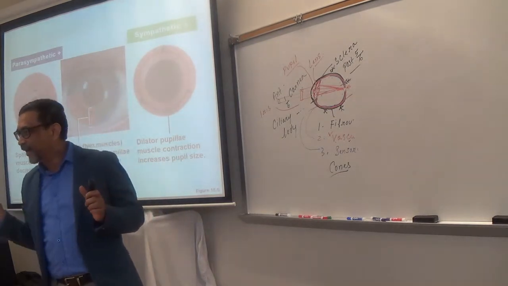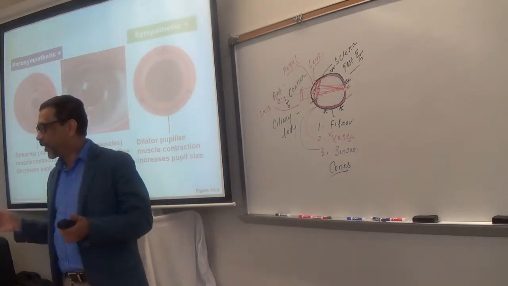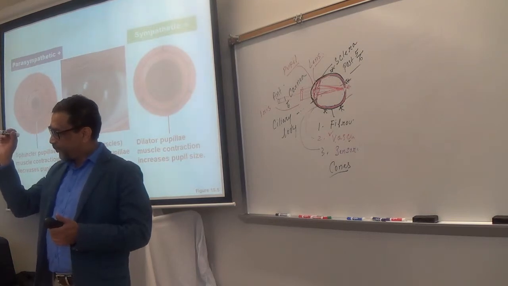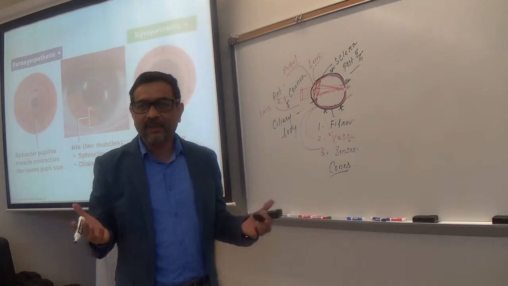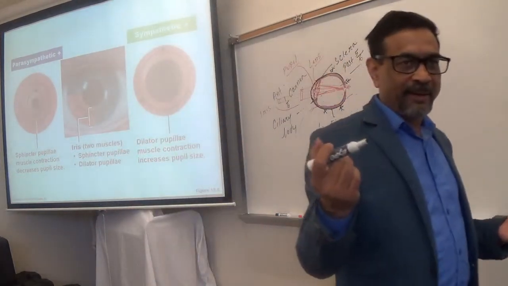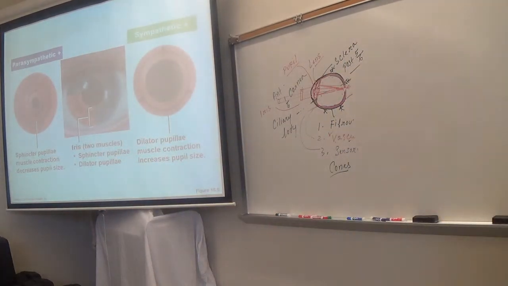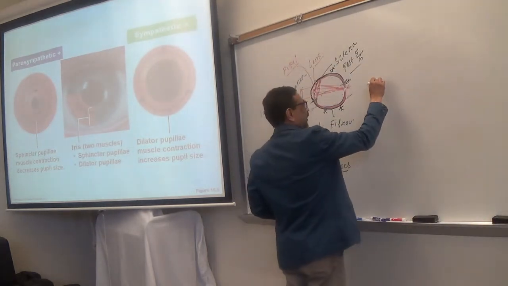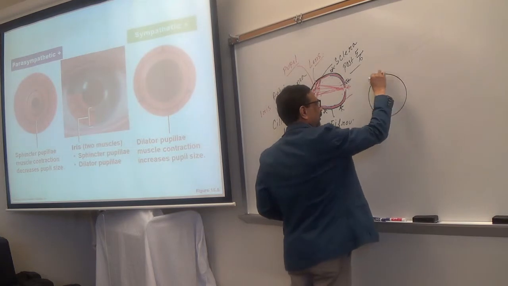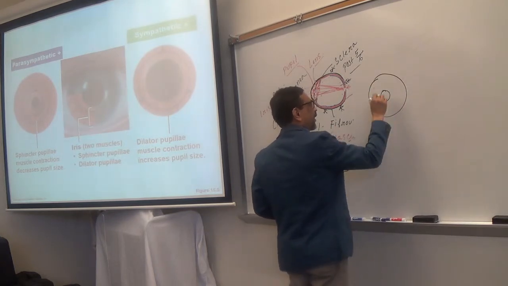Blue eye, green eye, or brown eye, because of the pigments in the iris. Someone has brown pigment, that is the brown eye. Blue pigments, blue eye. So that is one thing. And this is the iris, this is the pupil.